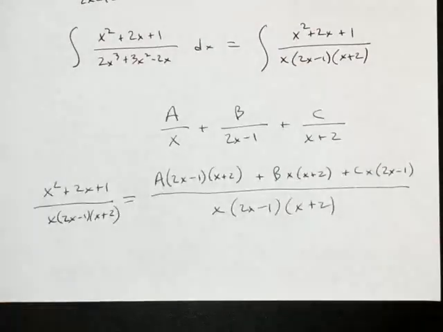Now, I don't know whether you're going to consider this a good thing or a bad thing. But the bottoms of those fractions are exactly the same, aren't they? If the bottoms of those fractions are the same, the tops have to be equal.